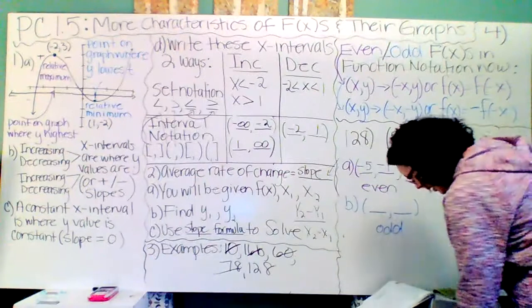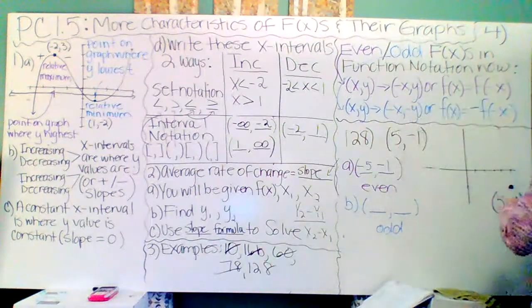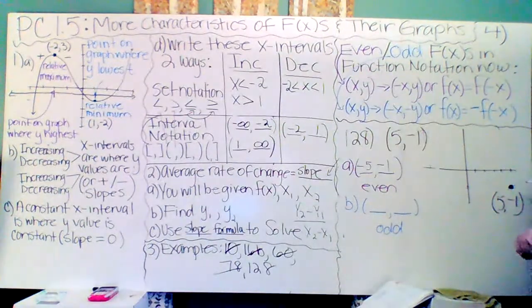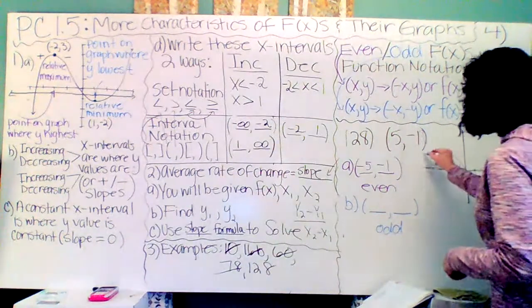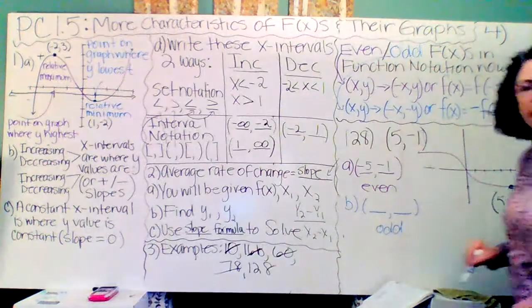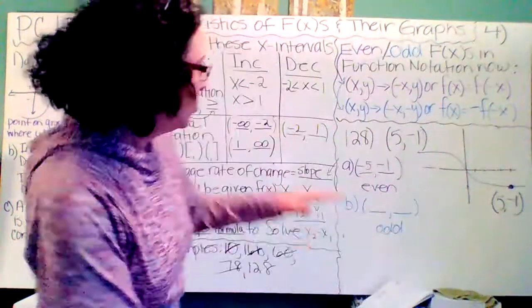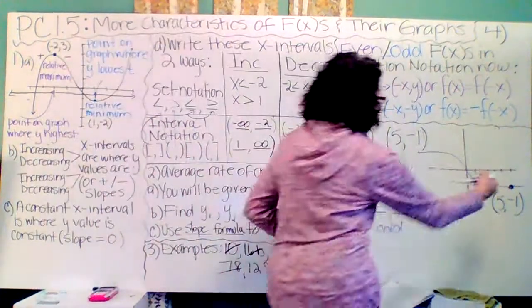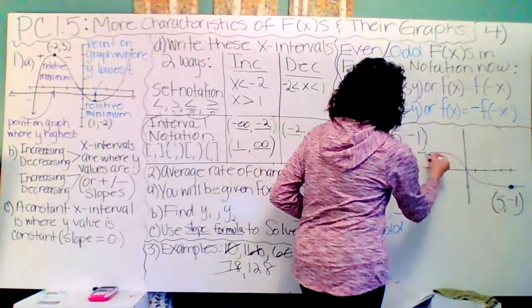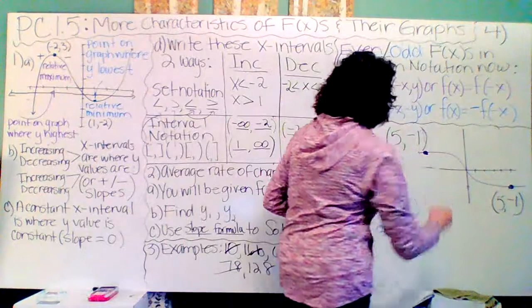And let's go ahead and make an odd function. In other words, if you rotated, right, it would land on itself. Let's go like this. Okay, that's kind of an odd function, isn't it? If I rotate 180 degrees around the origin, it lands on itself. And in fact, this point would be right there.